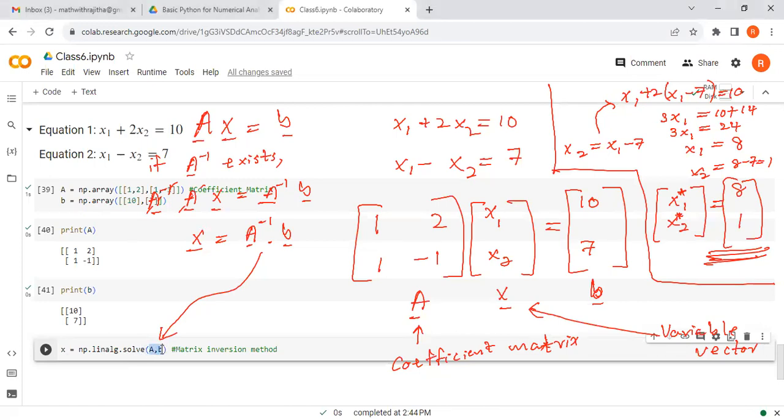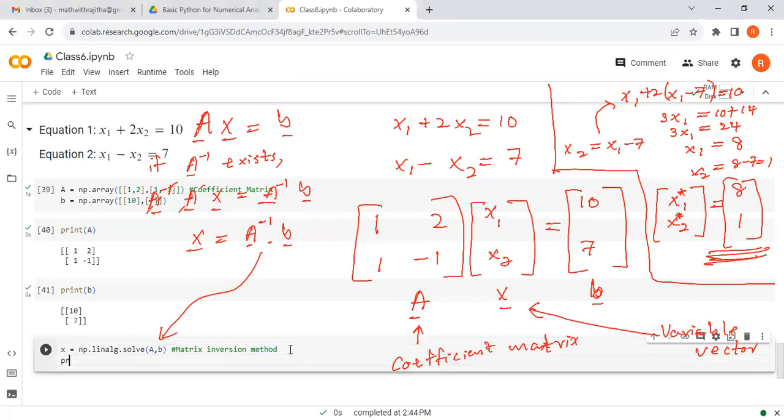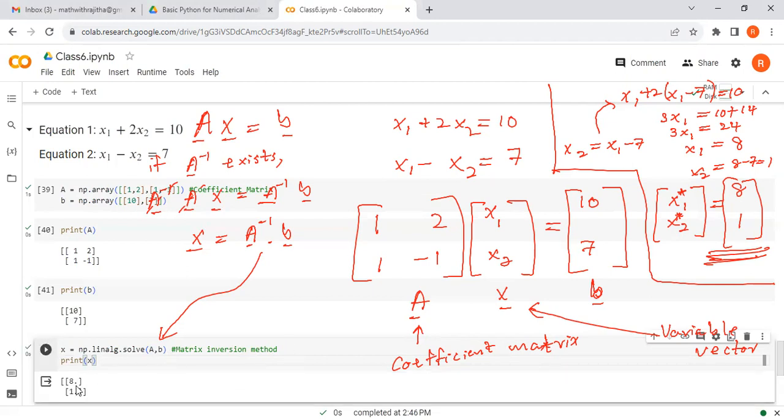When I teach linear algebra, I'll teach you how to code the inverse of the matrix. So, okay, print x. Eight, one, which is this one, right? x1 star, x2 star, 8, 1. Correct.